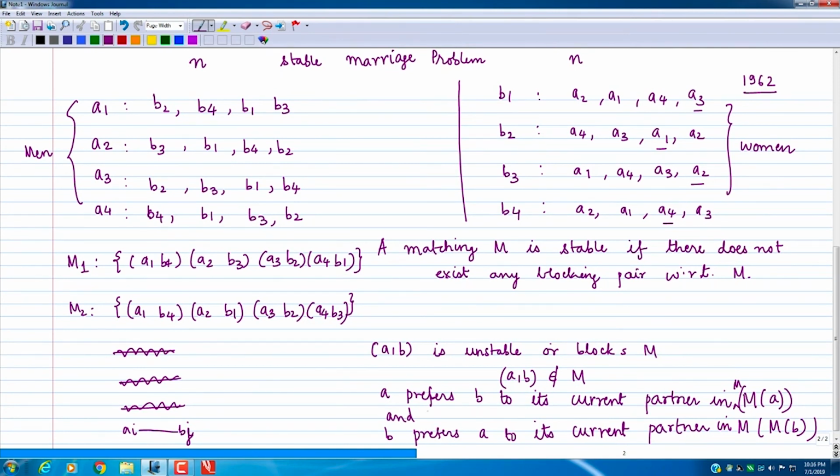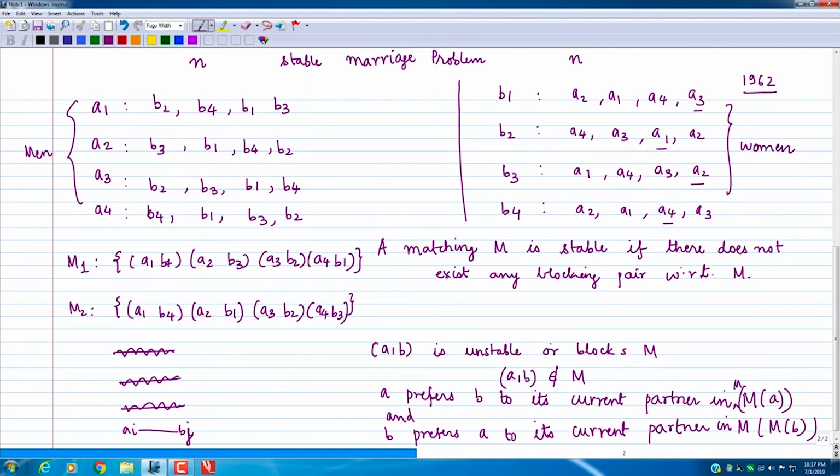Now, what we did in the definition that we had is, we will say that a pair AB is unstable or blocks M if AB does not belong to M, which this edge satisfies. And then we say A prefers B to its current partner in M. In fact, it doesn't have any partner in M, and we said ahead of time that any participant likes to get matched over being unmatched.